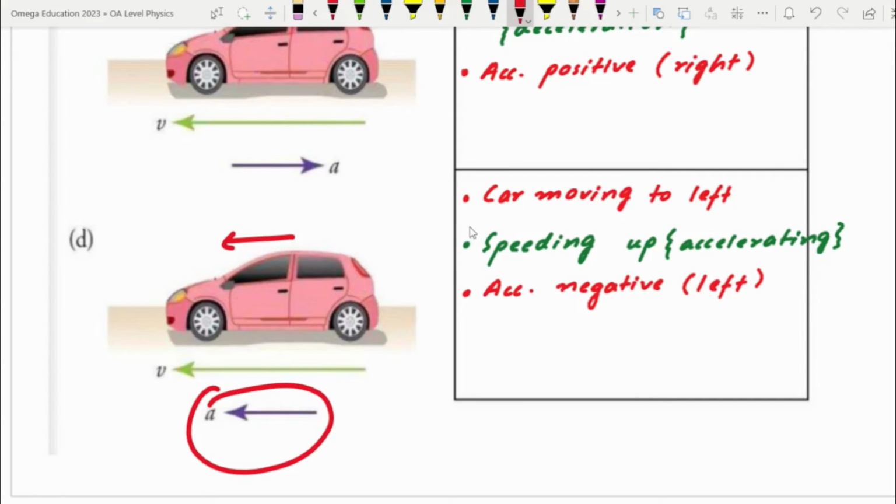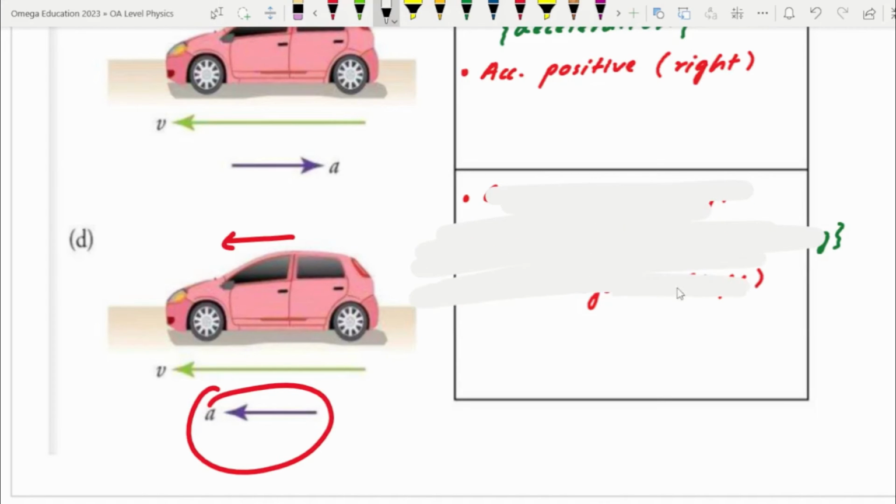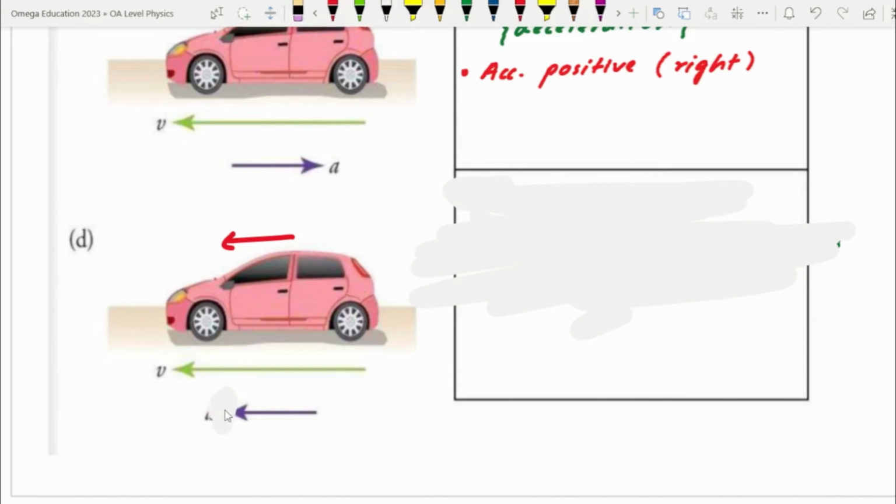So only this is given, just the diagram, and the diagram tells you the object is moving to the left side, and acceleration is towards the left side.